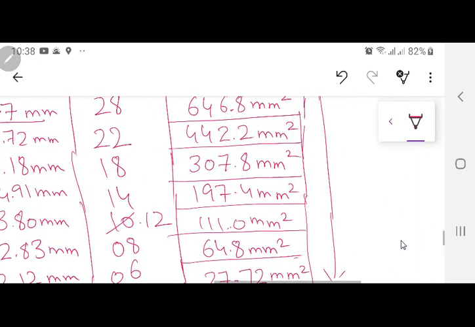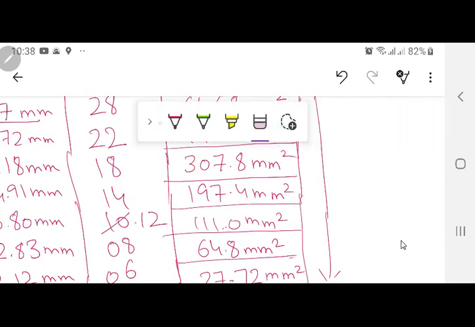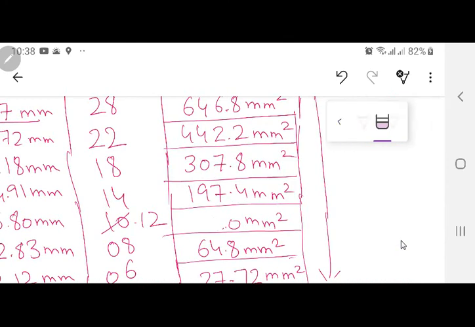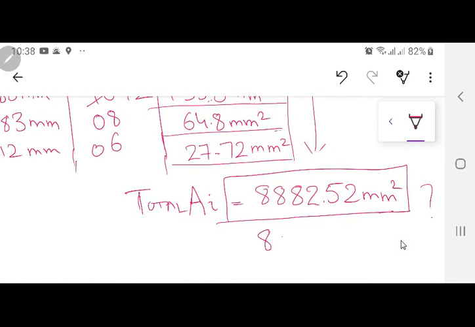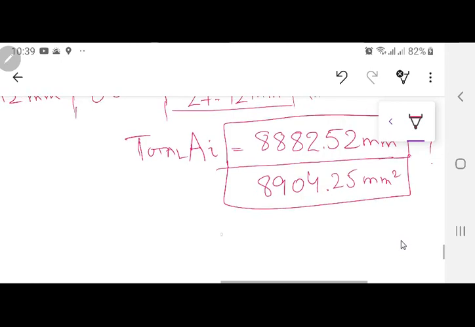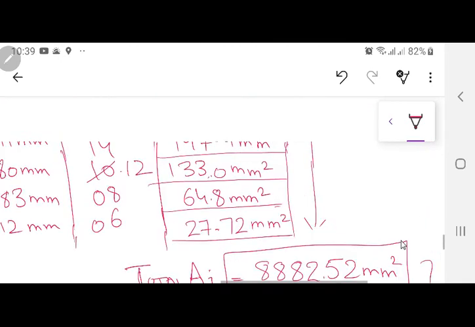कितना। So this is going to be 133. जी. 8904.25, and what was your AI required? Let me write it down here.